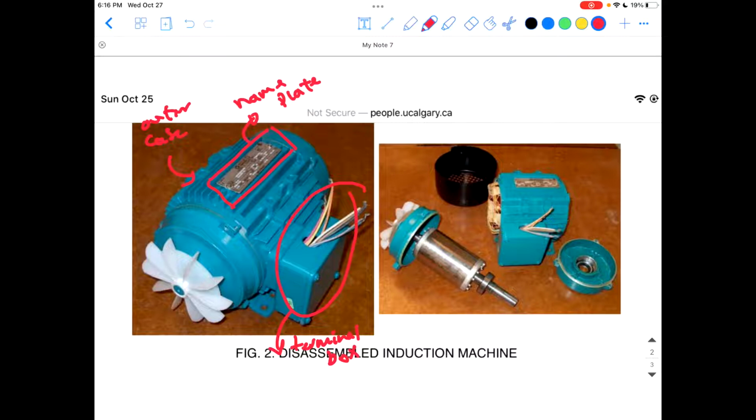This here is a cooling fan. It's attached to the shaft, so it rotates with the rotor. Whenever the motor is rotating, this fan rotates and pushes air to cool down the motor, because you have a lot of heat from power losses inside the machine.